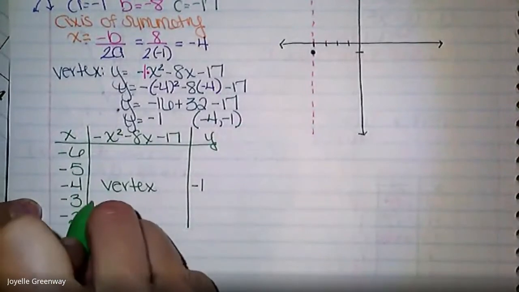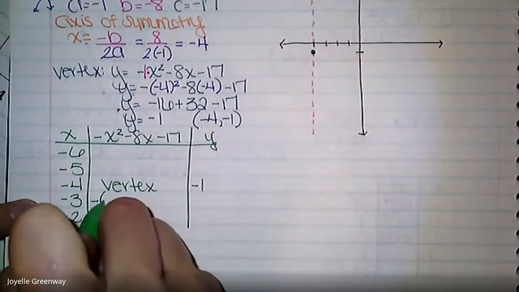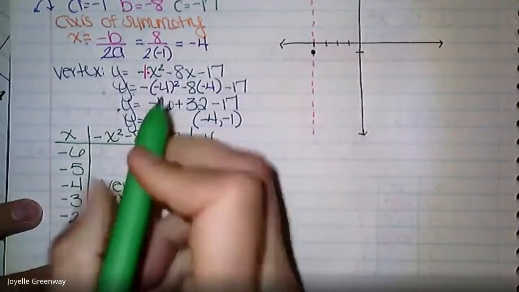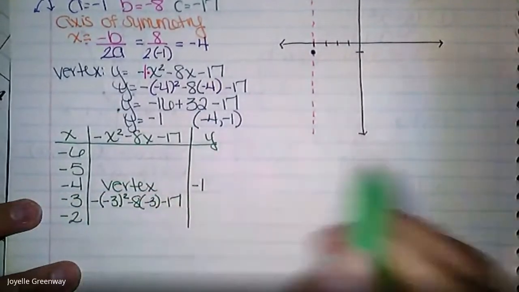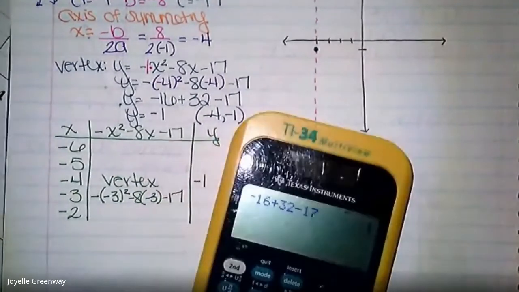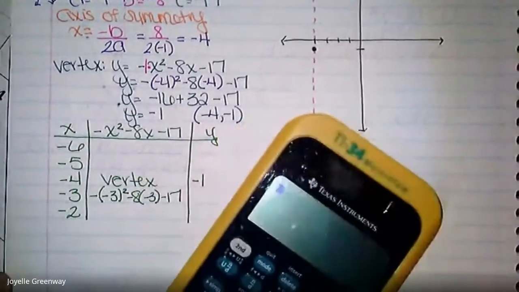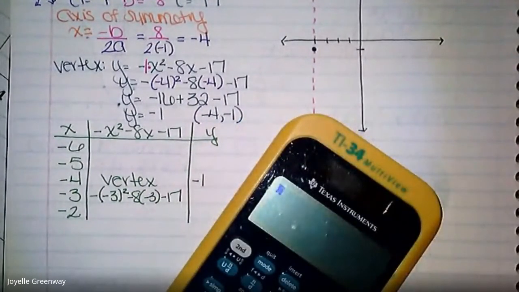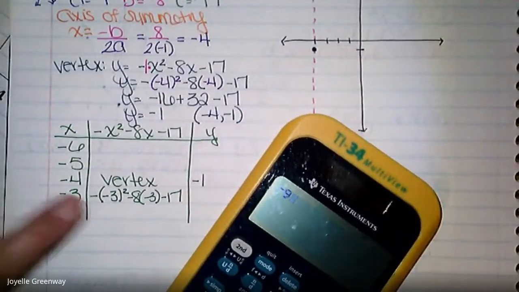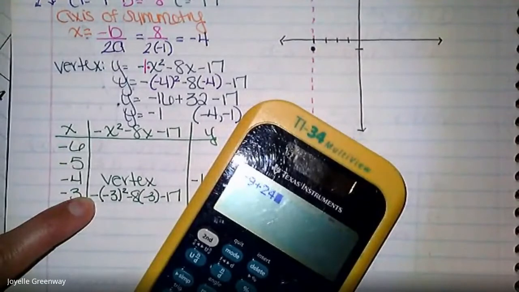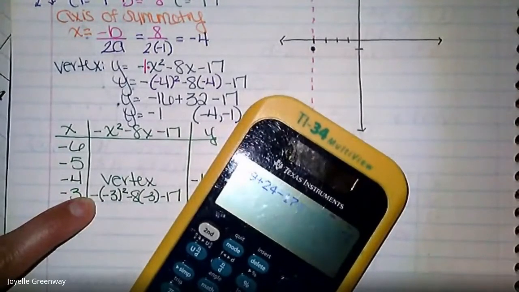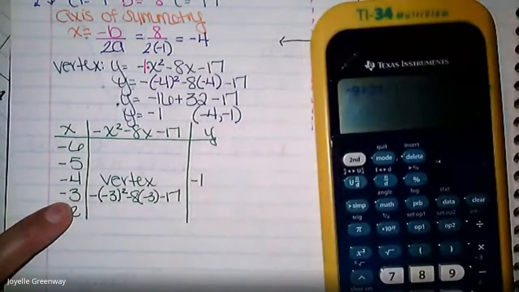So if x is negative 3, I have negative 3 squared minus 8 times negative 3 minus 17. Again, I don't trust my simple math. So negative 3 squared is positive 9, but it's negative 9 because of that negative sign, plus 24 minus 17, and I get negative 2.